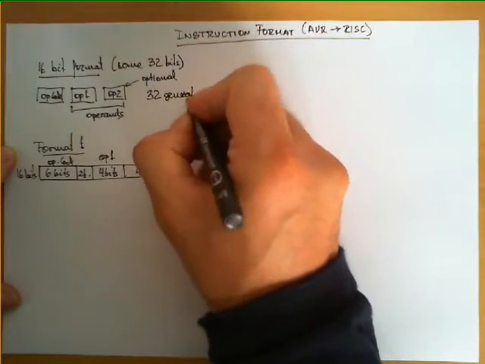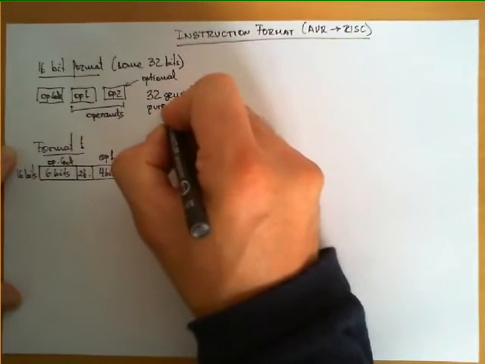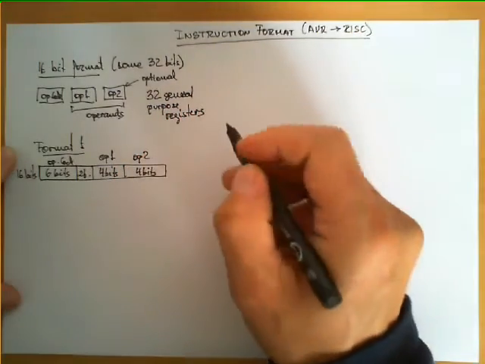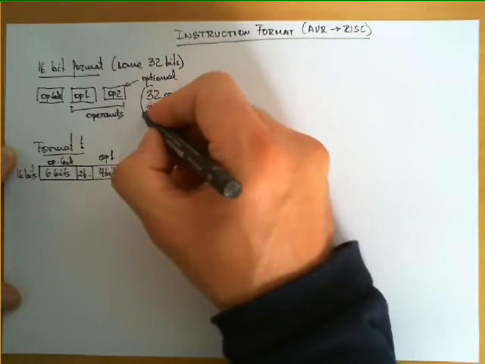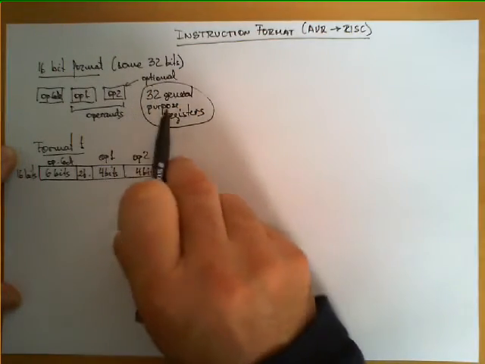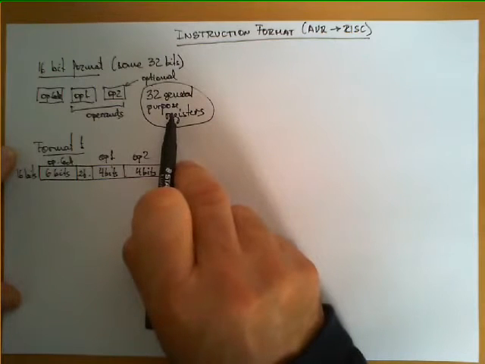Now, this architecture offers 32 general purpose registers. If we want to allow the instructions to manipulate any of these 32 general purpose registers, we need to encode the number of the register, which is a number between 0 and 31.